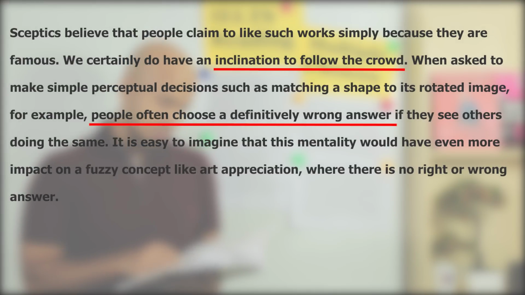And the last sentence: it is easy to imagine that this mentality would have even more impact on a fuzzy concept like art appreciation, where there is no right or wrong answer.